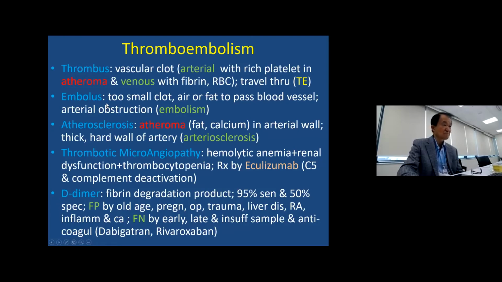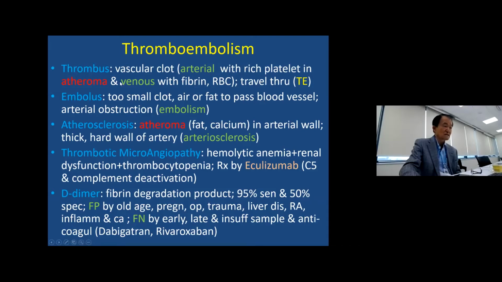Now, first we have to define clearly what a thrombus is. Thrombus is a vascular clot, as I mentioned. There are arterial thrombus or venous clot. The difference is platelet accumulation is abundant in the arterial system, and fibrin and red cells are in the venous system.